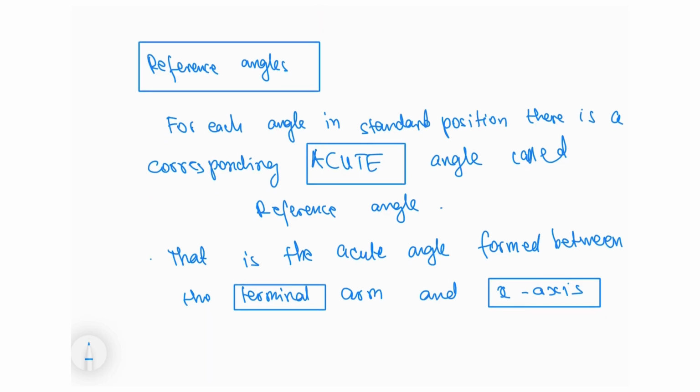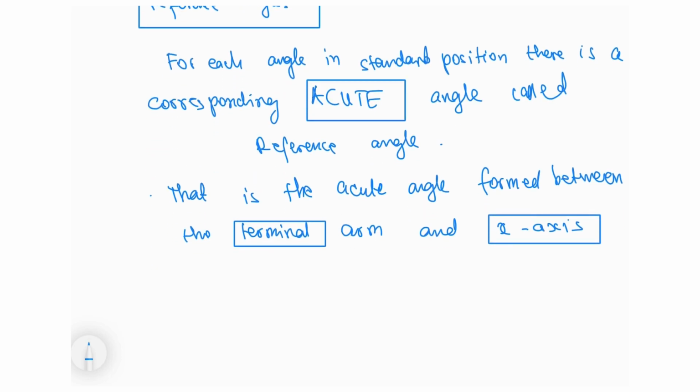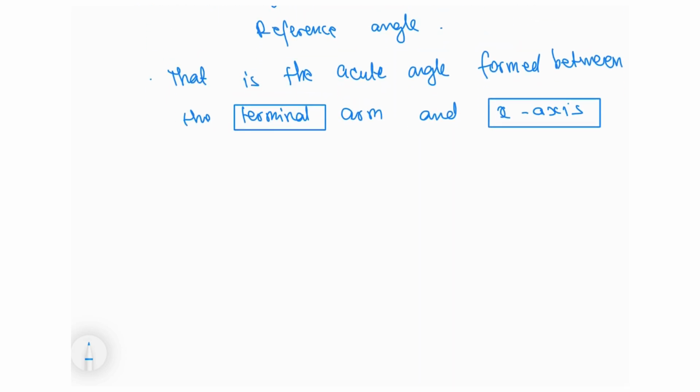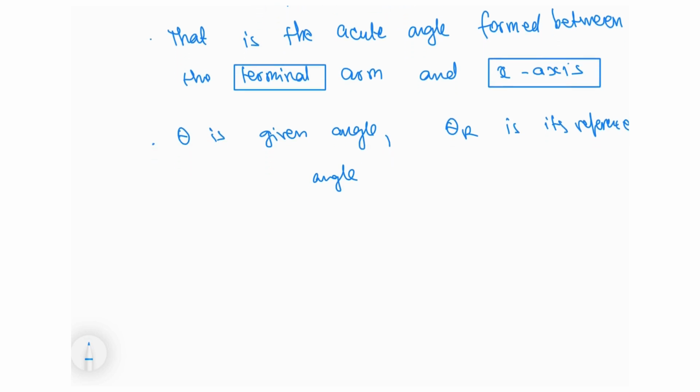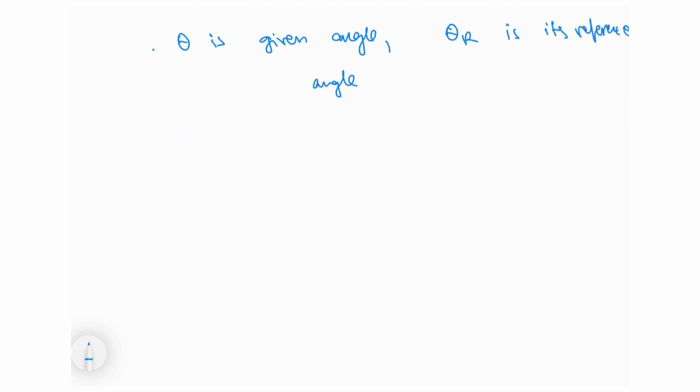Okay. Now we will see the 4 cases. If theta is given, the angle theta r is its reference angle. And we will see the 4 cases where this appears according to the 4 quadrants.